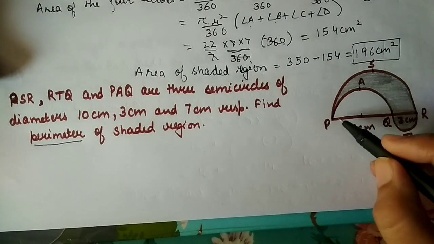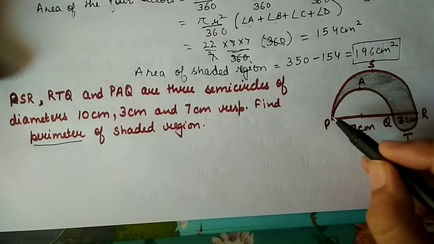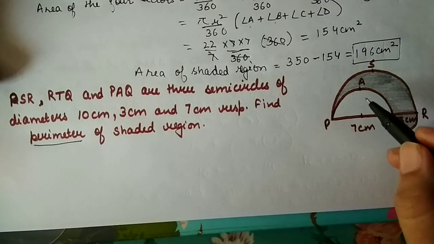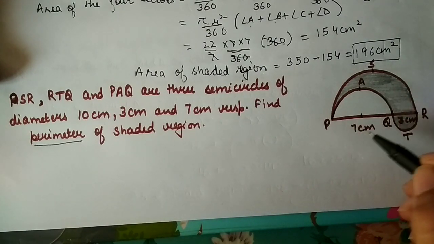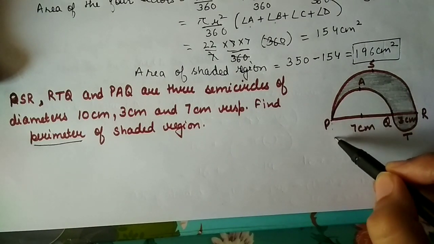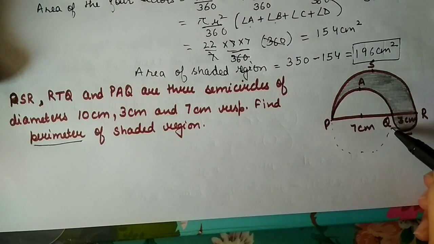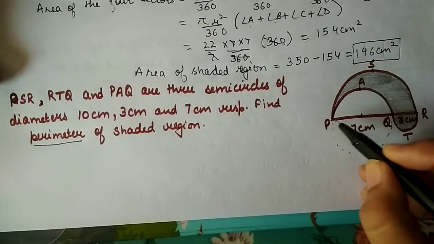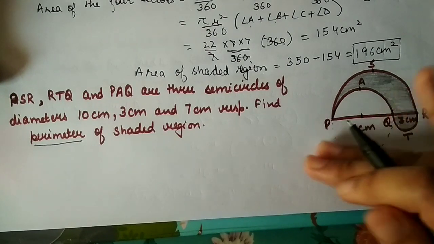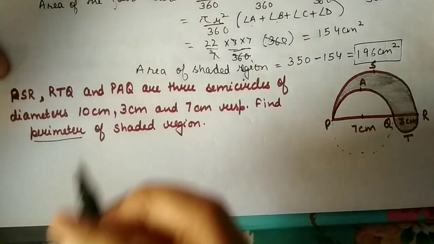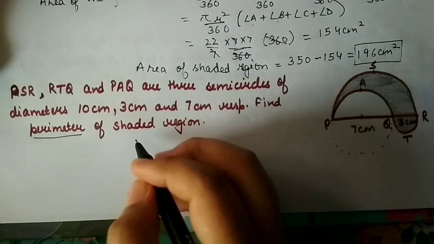What is the length of the arc of a semicircle? The formula is 2 pi r upon 2. Because if you complete it, it is a circle, and the circumference of a circle is 2 pi r, so the length of the arc of a semicircle will be half of it, that is 2 pi r upon 2, that is pi r. Diameter is given, so we can find the radius.